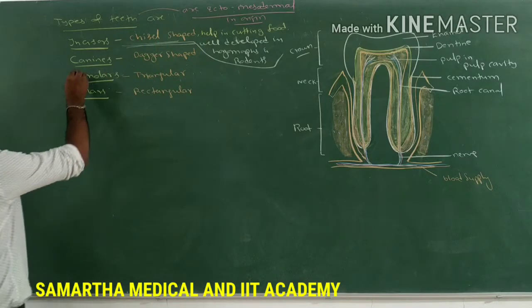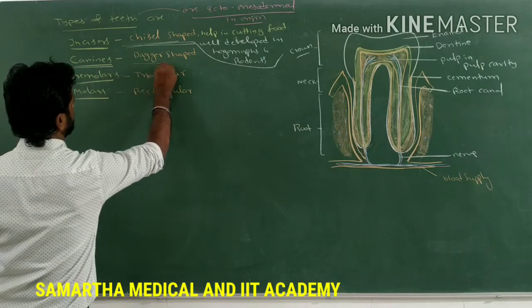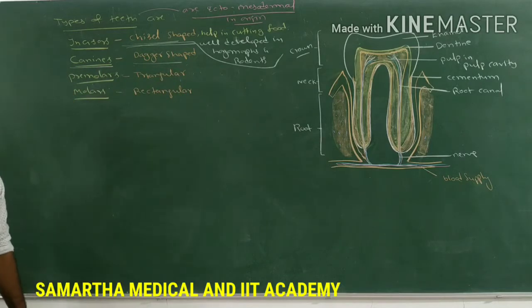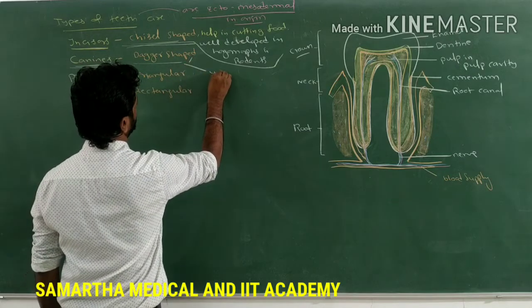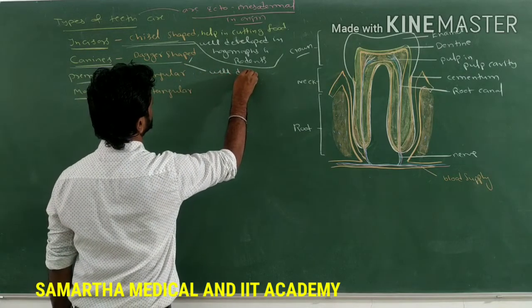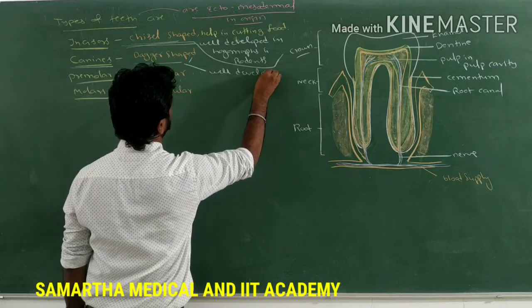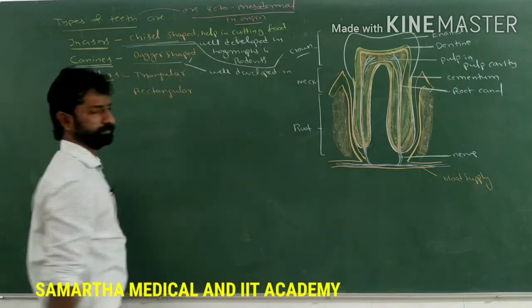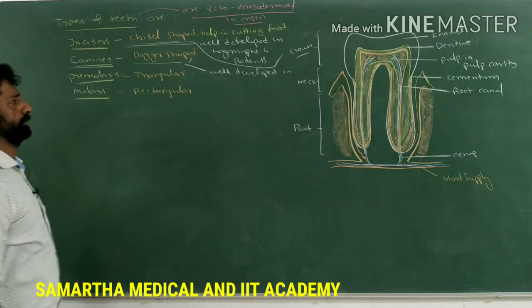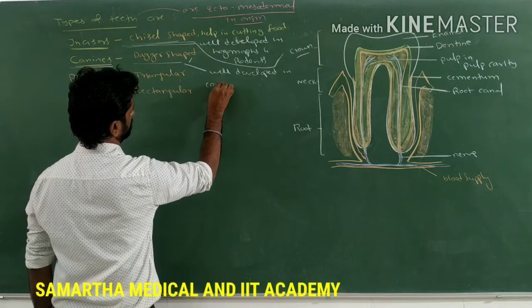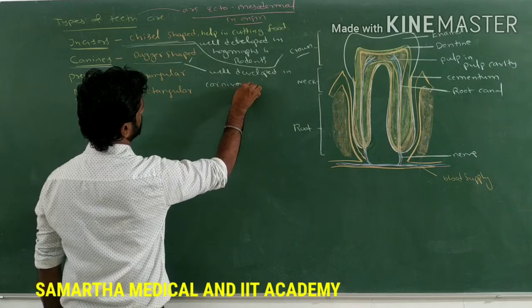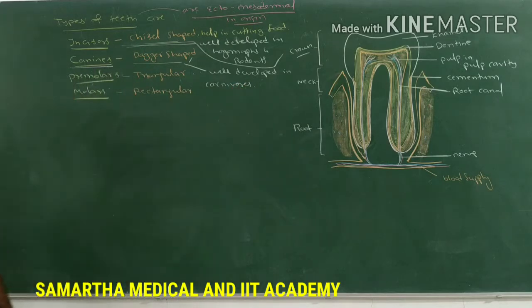Next are the canines. These are dagger shaped, and these canines are well developed in carnivores. And what is their function?